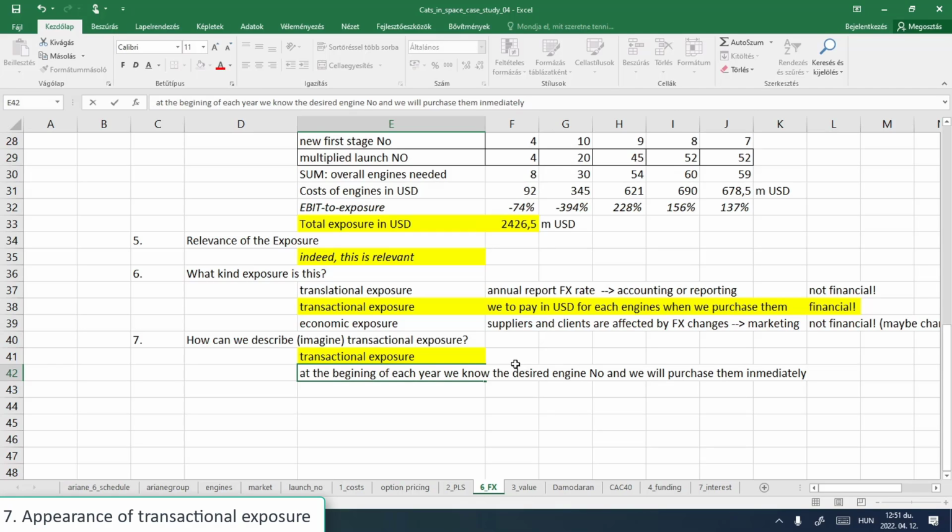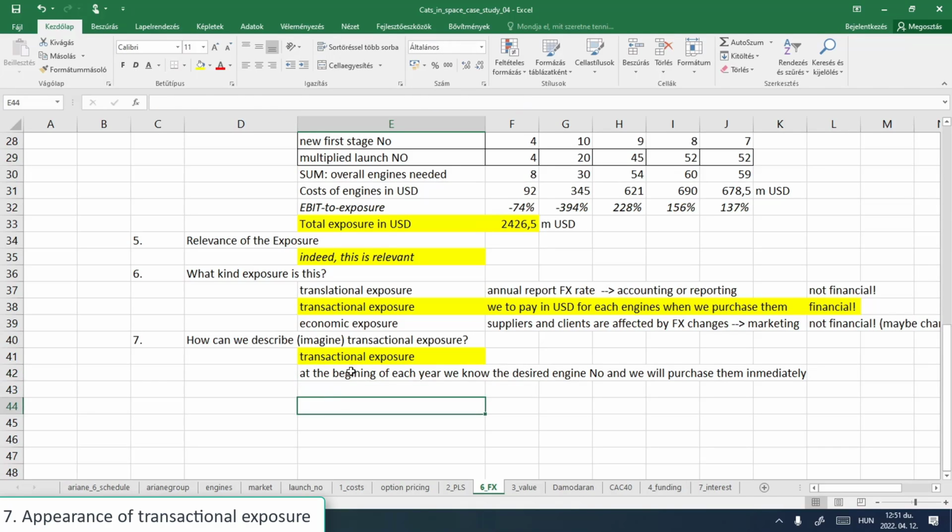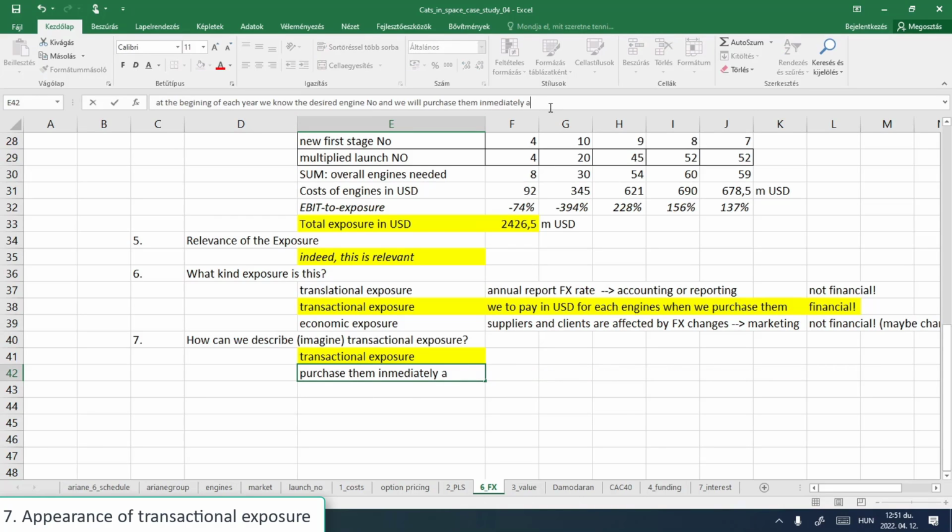Yeah, in this case it simplifies our case. So let's say immediately at the spot rate.